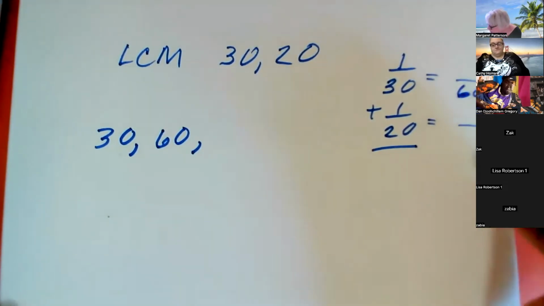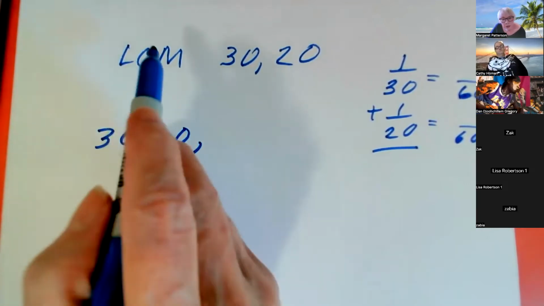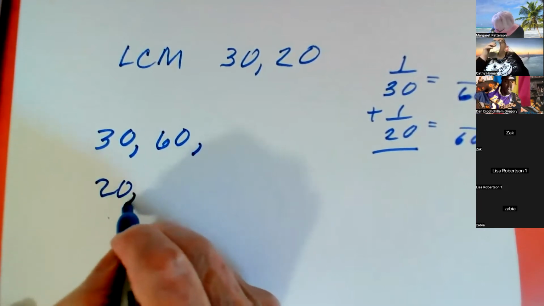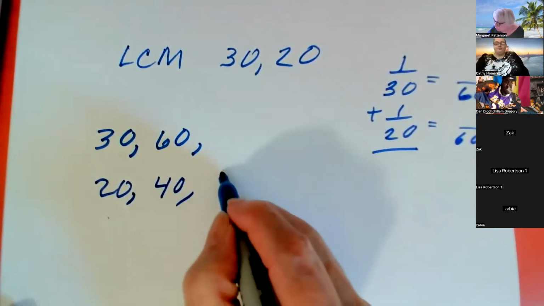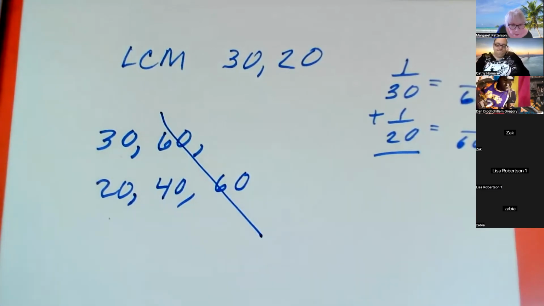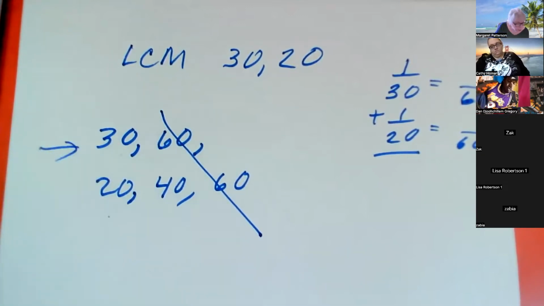I'm showing you a couple of different ways to see it, but 60 is definitely it. So this is multiples. And so 20 is 20 times 1, 20 times 2, 20 times 3. There's your first match, the lowest common multiple. Okay. So when I started with the larger one, I get there quicker.